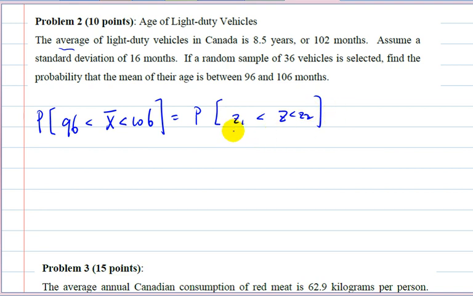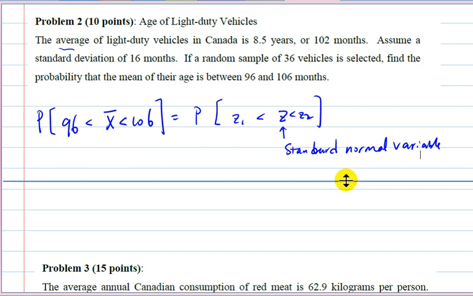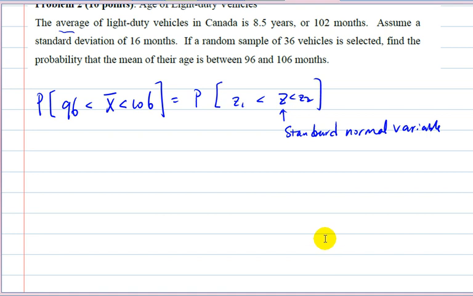What would be the z-scores, z1 and z2, corresponding to 96 and 106? Now this capital Z here is a standard normal variable, and you have a table, and you can make use of the table to look for the corresponding probability.